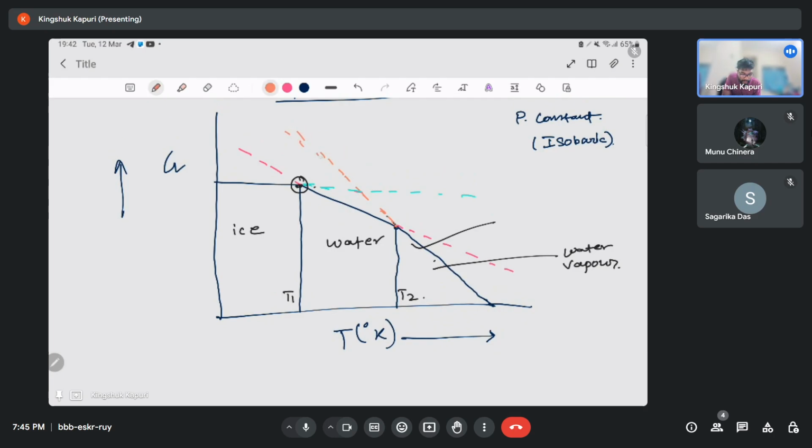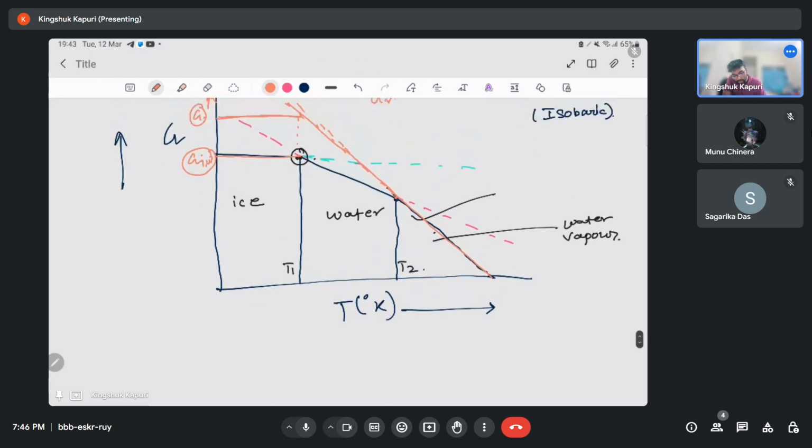And if we extend this slope at this particular point, so here the G value will be higher for vapor, and at that point the G of ice and water is lower than that of G of vapor.